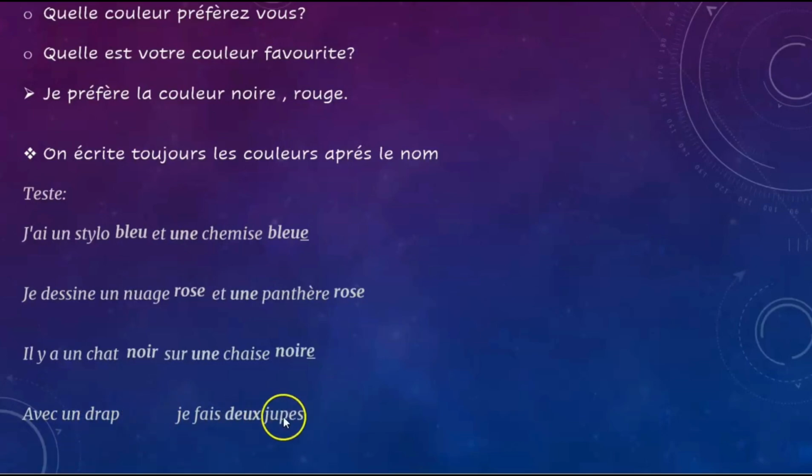And the jupes is feminine and S is added, so feminine plural form of the color would be used. Which would be avec un drap blanc, je fais deux jupes blanches. Masculine form of the color is used for drap and feminine plural form of the color is used for jupes. D'accord? I hope you all have understood this topic.